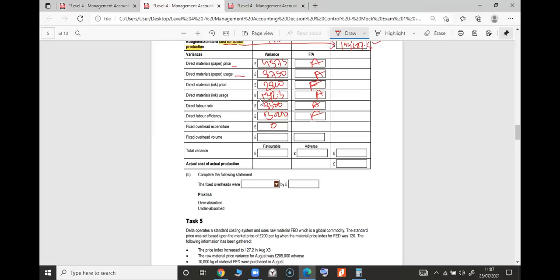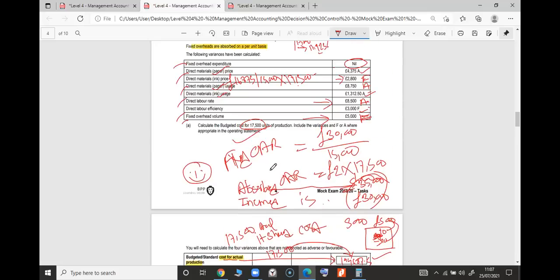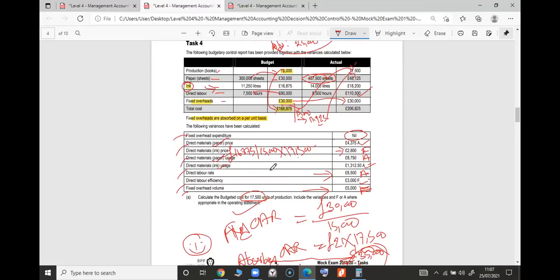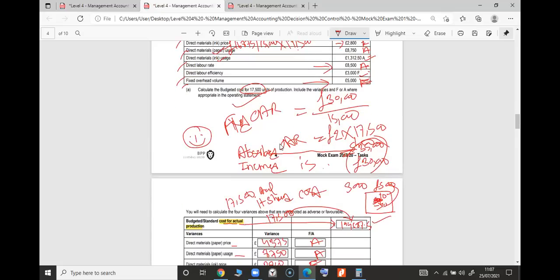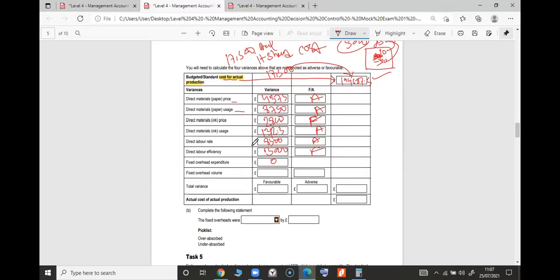But volume: we produced more than we budgeted, 2,500 units more. And that is the way of getting your 5,000 pounds better. You can do 2,500 units times £2, as £2 was your OAR. You still get 5,000 pounds. So it's a different way of doing it. Volume is 5,000 favorable.